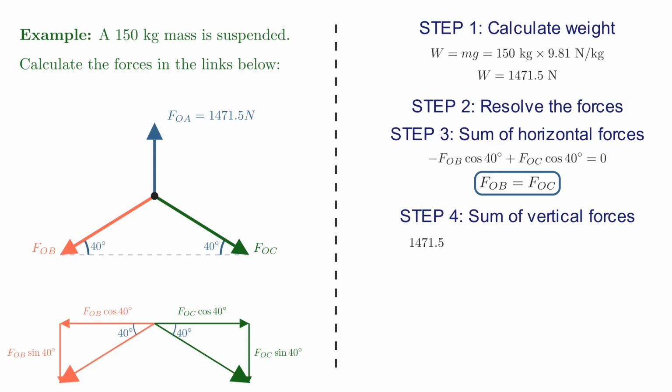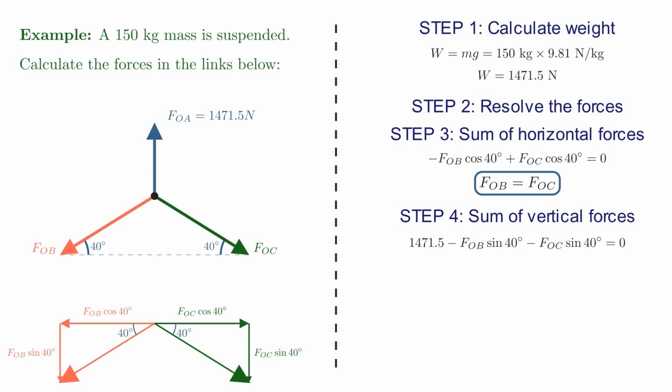Then going down, we have the vertical component of FOB, which is FOB sine 40, and we have the vertical component FOC, which is FOC sine 40. Therefore, we take 1471.5 minus FOB sine 40 minus FOC sine 40, and this is equal to 0.